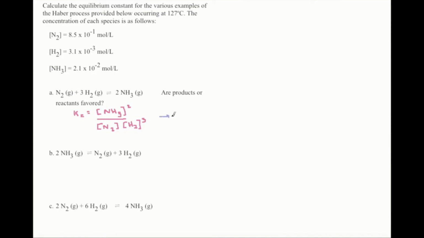Now I'm just going to plug in my values because I know all of my different concentrations. So into this, for the concentration of NH3, I have 2.1 times 10 to the negative second. I'm going to square that all over the concentration of N2, which is 8.5 times 10 to the negative first, times the concentration of H2, which is 3.1 times 10 to the negative third, and I need to take that value and cube that.